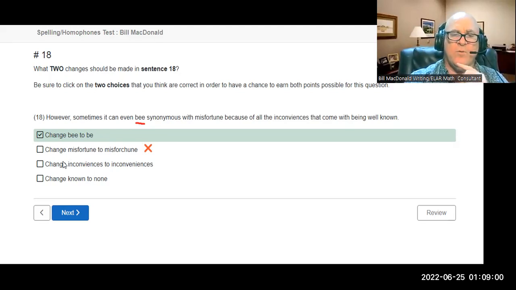So the correct one is based on the word convenience. If it's a convenient thing, then it means something that's good for me. If it's inconvenient, it's something that's bad for me. So when I actually sound it out, I can see from the sound of the syllables that something was missing there.